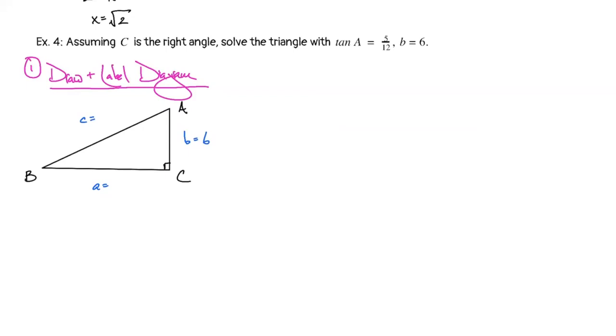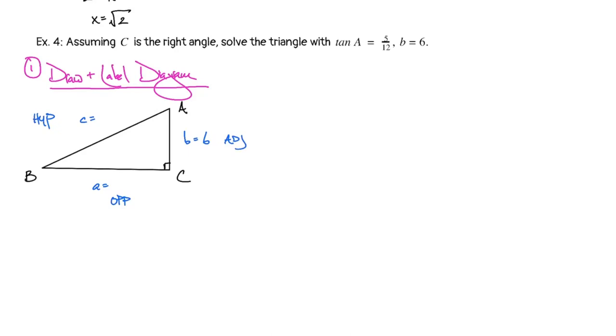So A, B, or C, which one is the opposite side? Yeah, little a is going to be the opposite side. Exactly. So I'm going to put an opposite. I know this is the hypotenuse. This last one has to be the adjacent.